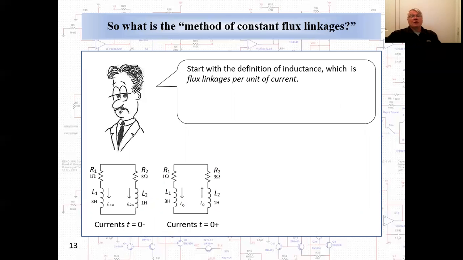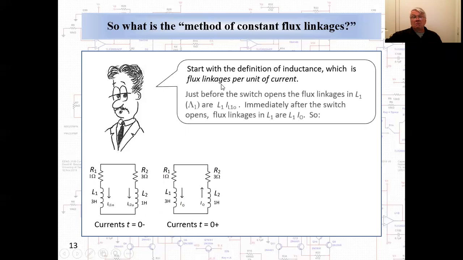Well, let's start with the definition of inductance, which is flux linkages per unit of current. Now, the unit of inductance, by the way, is the Henry. 1 Henry is 1 volt second per ampere. So the unit of flux linkages is the volt second. Anyway, just before the switch opens, the flux linkages in L1, which I'll call lambda 1, are L1 times the value of current in L1 just before the switch opens.